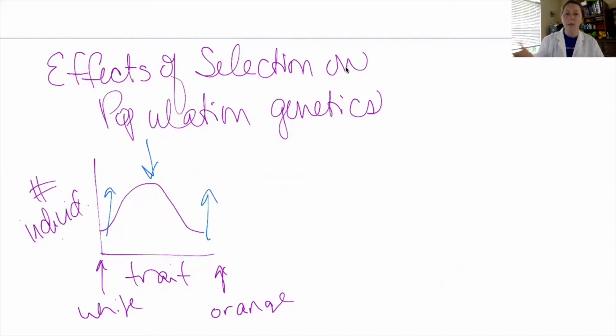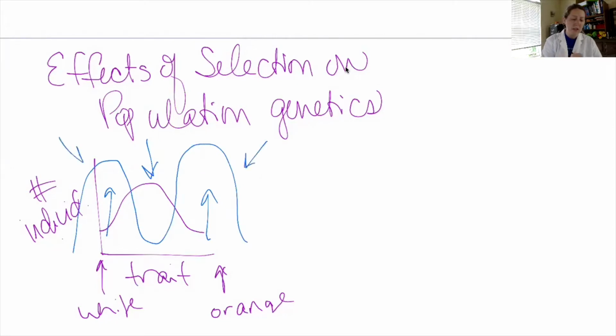They were able to live and pass on their genetic information. So we ended up with more white, a drop in the middle, and then more on the orange side. We actually get two peaks in this type: a peak here and a peak over here, and we are selecting against the middle. This is what we call diversifying selection.